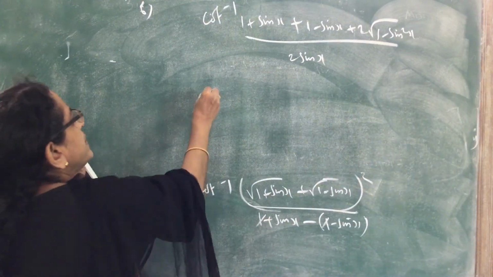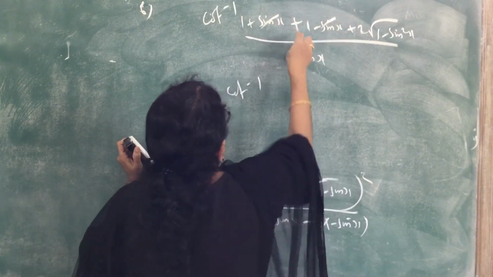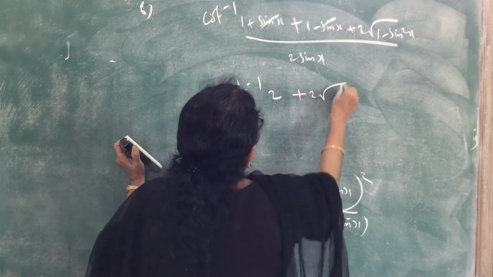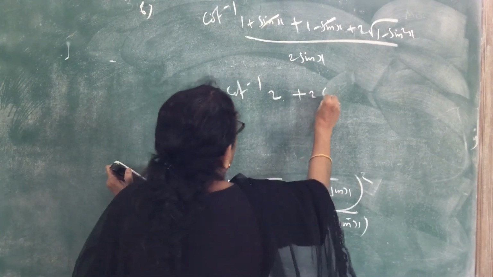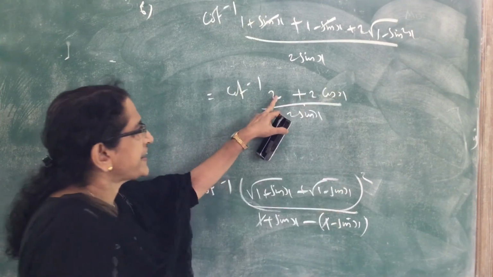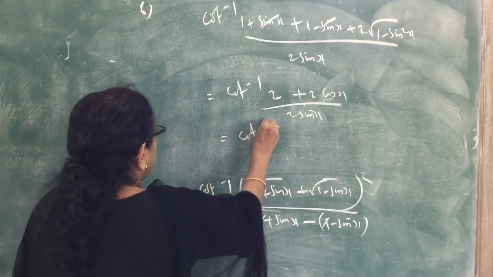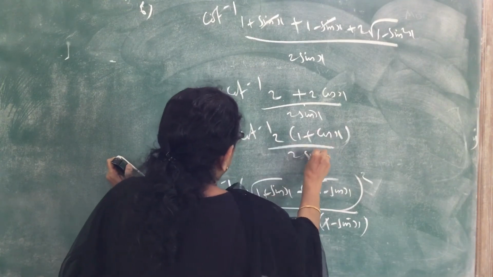So we get cot inverse: 1 plus 1, 2, plus 2 root of 1 minus sin square x, that is cos square x, root of cos square x, cos x, divided by 2 sin x. Now take 2 common: cot inverse of 2 into 1 plus cos x divided by 2 sin x.